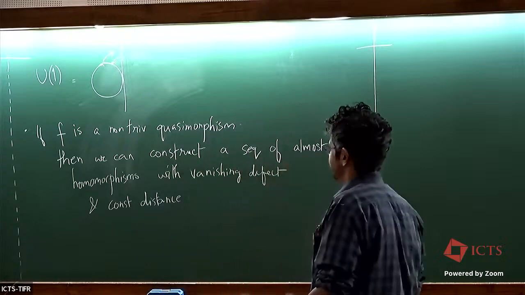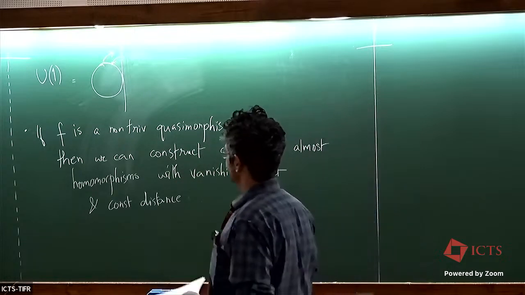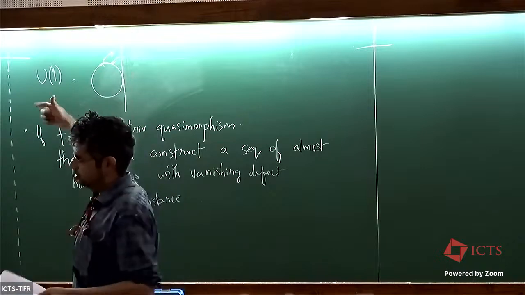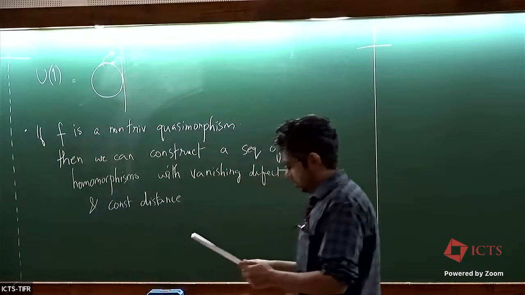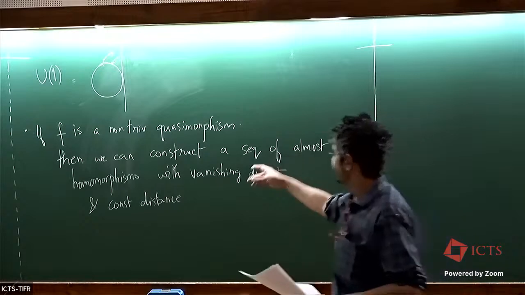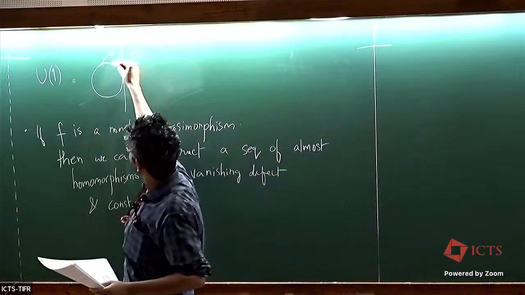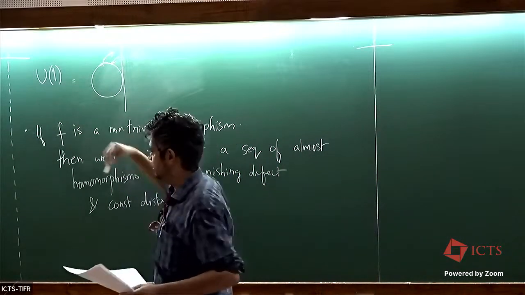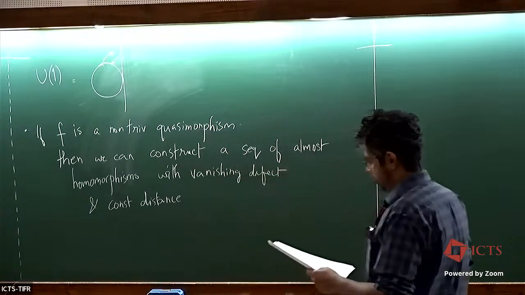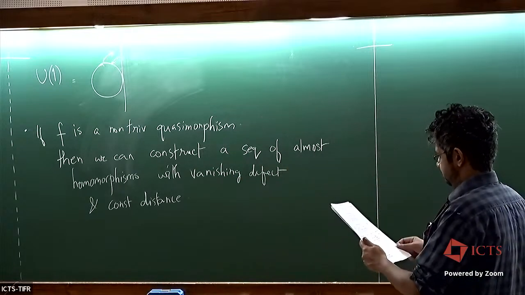This is again an exercise, but the hint, as I said, is you take the non-trivial quasimorphism and just take the exponent. So as you see, the exponent lands in U1. It's just a circle.